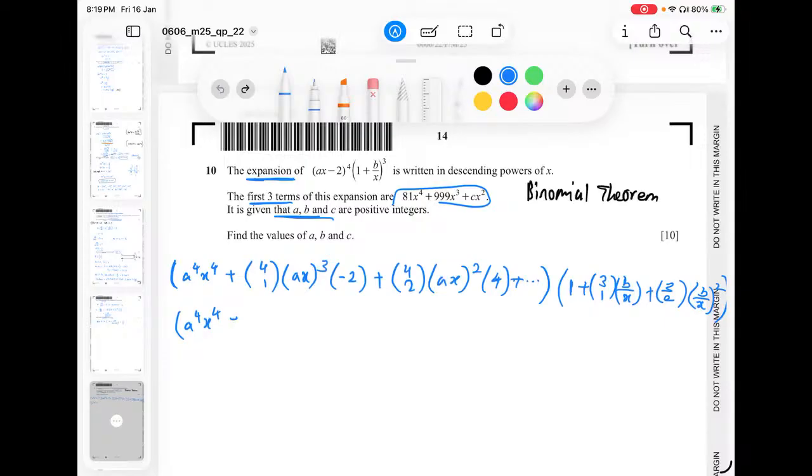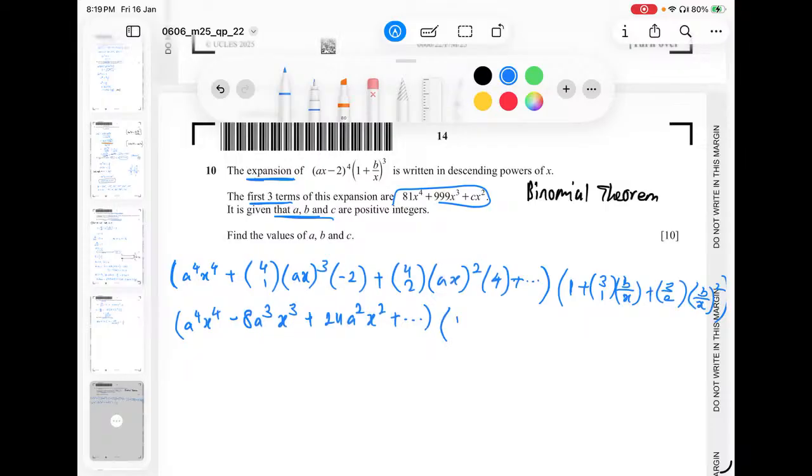So 4 times negative 2 will give you negative 8 a cubed x cubed plus 4 choose 2 times 4 will give you 24 a squared x squared plus dot dot dot.